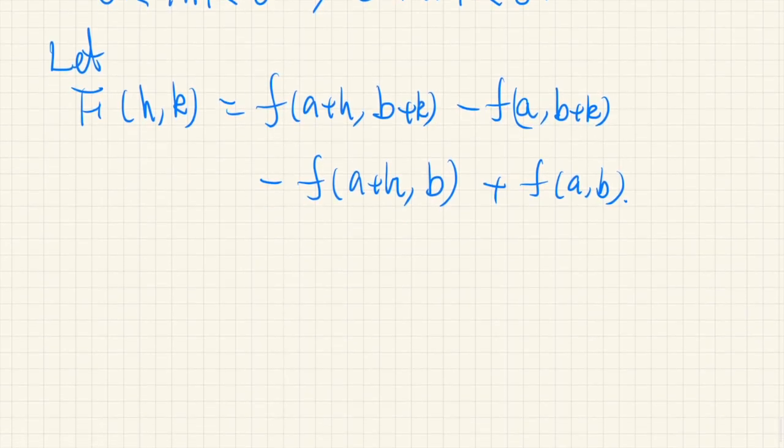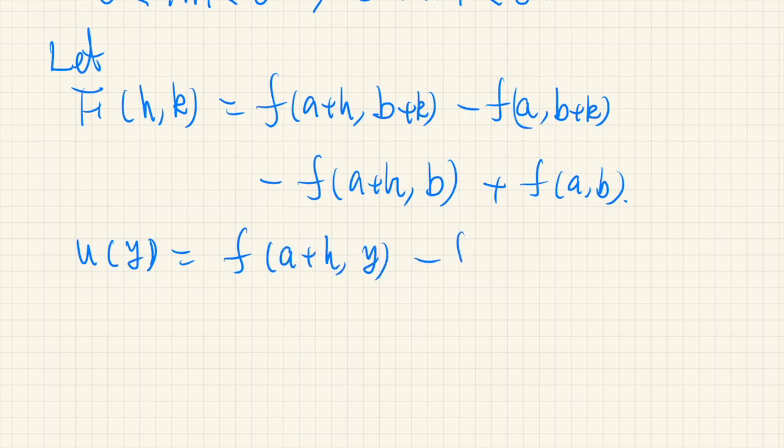Okay, then let's define a univariate function of y. Let's define u of y by f of a plus h, y minus f of a, y. Okay, so y is the variable, a and h are constants.